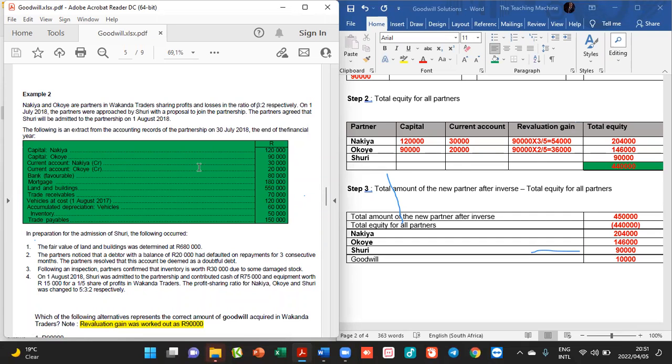So when we split the revaluation surplus, we will use the old ratio. But going forward, we will use 5:3:2, because we have another partner. When determining the revaluation surplus or loss, you use the old ratio.